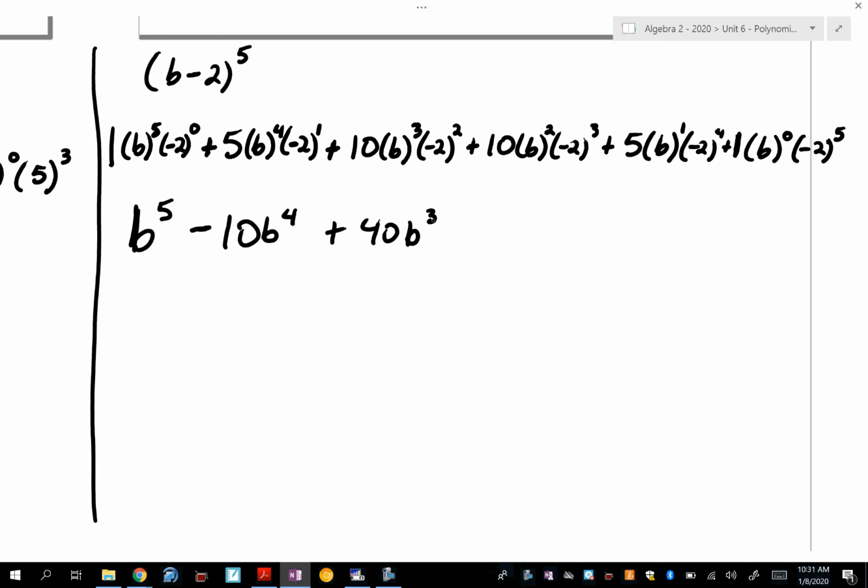What's negative 8 times 10? Negative 80b squared. Okay, what's negative 2 to the 4th power? Positive 16. What's 16 times 5? 16 times 5 is also 80. You're good.